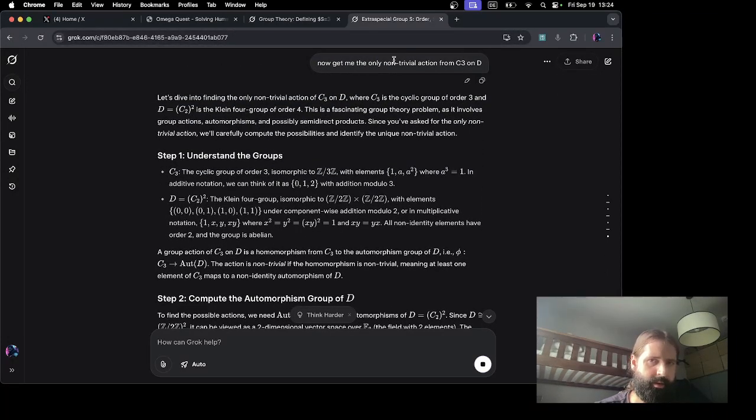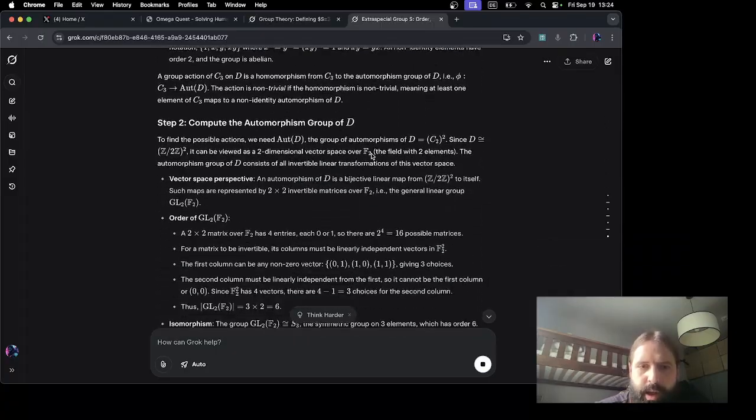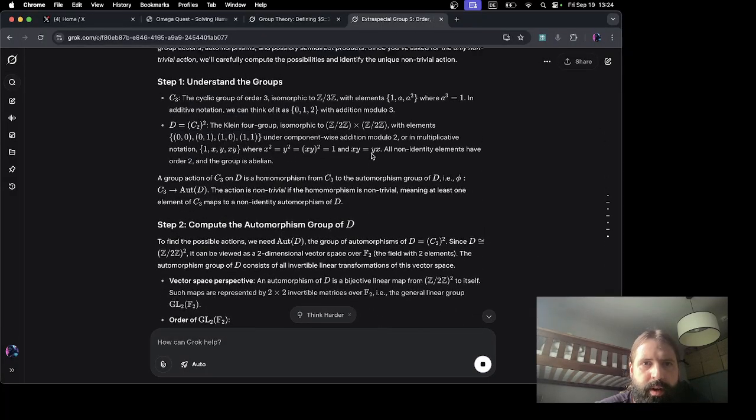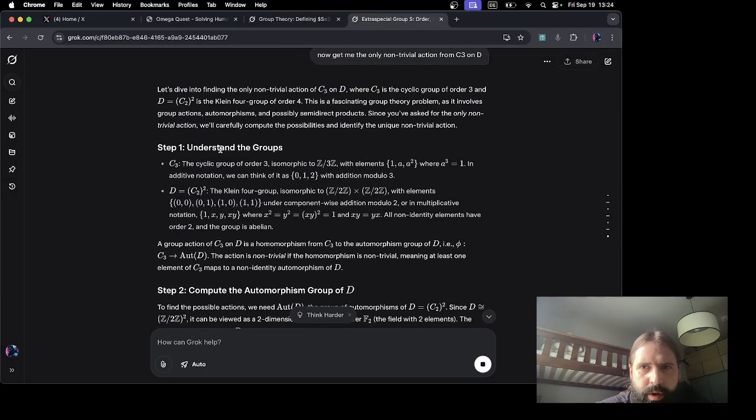This is already a relatively complicated step, right? Because you have to find the actions, and it's kind of like understanding the groups. C3 we have defined, D is already defined. So a homomorphism from C3 to D, exactly.